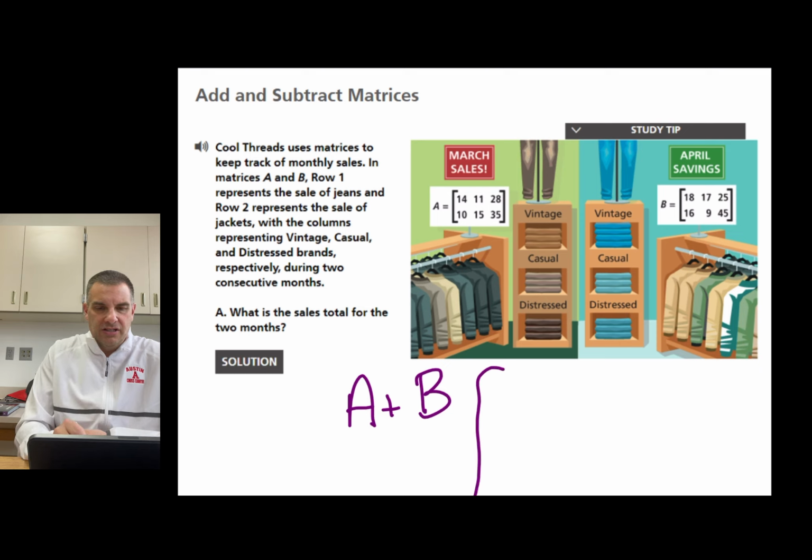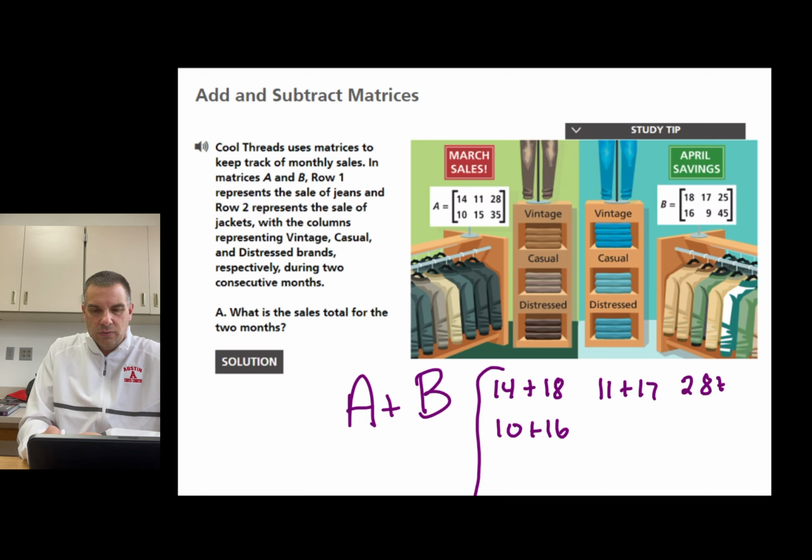So this first time, I'm going to take 14 plus 18, 10 plus 16, 11 plus 17, 28 plus 25, 15 plus 9, and 35 plus 45. And that's going to be my matrix of total sales.